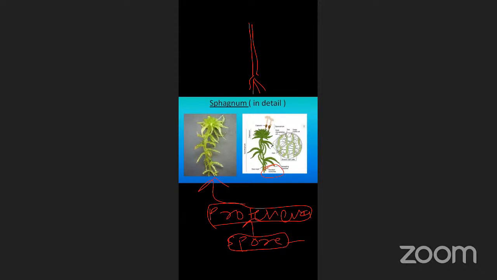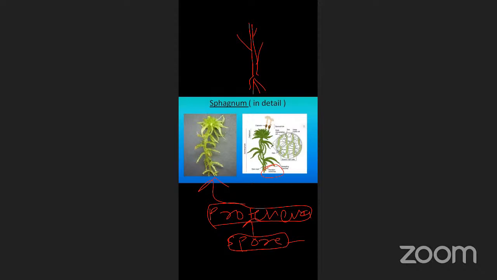It is erect and well branched. The branches are arranged laterally. Here there are two types of branches, divergent branches and drooping branches.